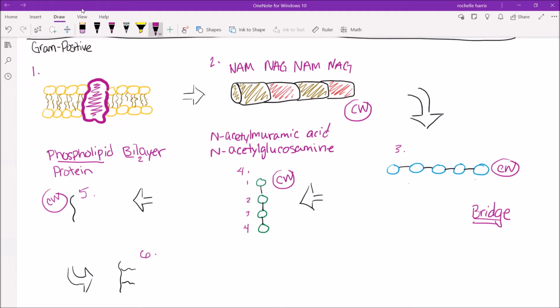All right, we have our number 1, it's plasma membrane. The next one is peptidoglycan. Here we have our peptide cross bridge.